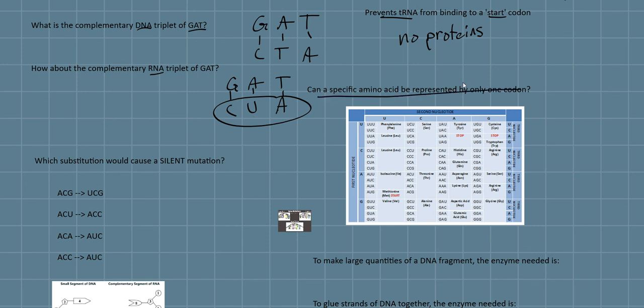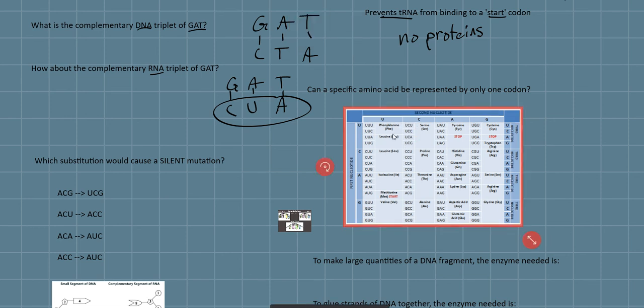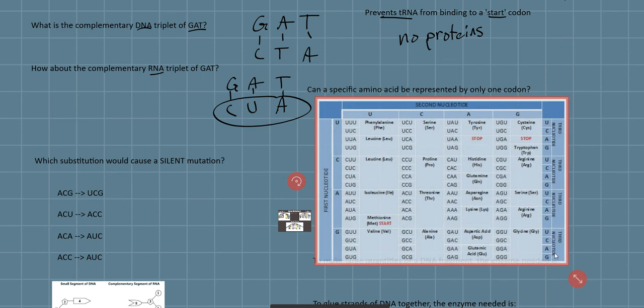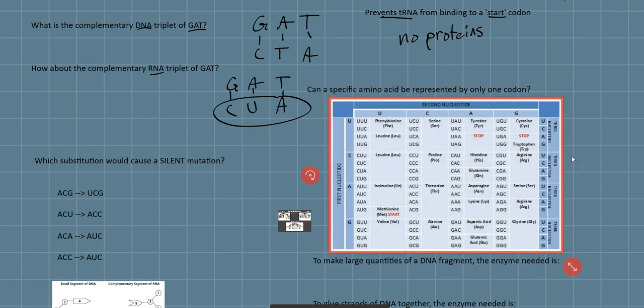And that's related to this idea over here too. Can a specific amino acid be represented by only one codon? And you just have to look at your data sheet. And your data sheet is there on your exam. I would recommend printing out a copy to have just in front of you because it's quicker. But we can see that we've got 2 to make phenylalanine, or 2, 4, 6 to make leucine, or 4 to make isoleucine.